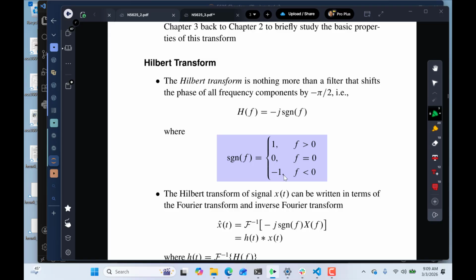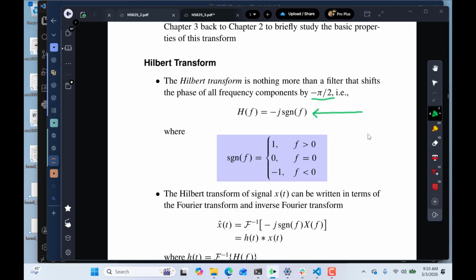So the Hilbert transform is a filter that shifts the phase of all frequency components by 90 degrees. Mathematically, and this is fundamental to understanding it, it's a filter, and it's not realizable identically like this because we can't build it and make it causal, but we can approximate it. This is the nature of the Hilbert transforming filter.